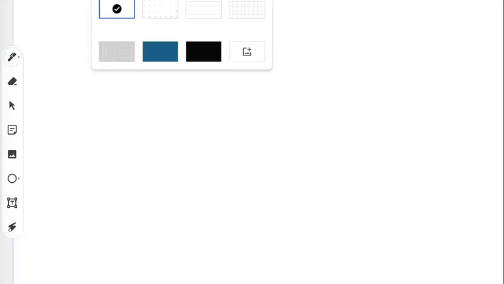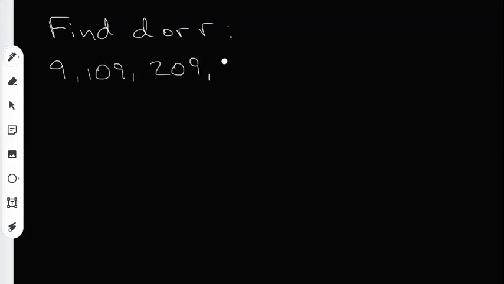So let's look at the next problem. This one is find D or R based on the sequence. So let's say we have 9, 109, 209, 309, and so on.